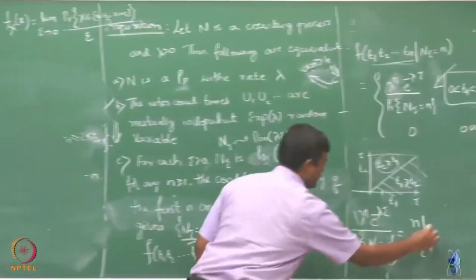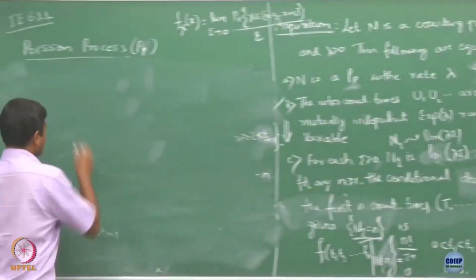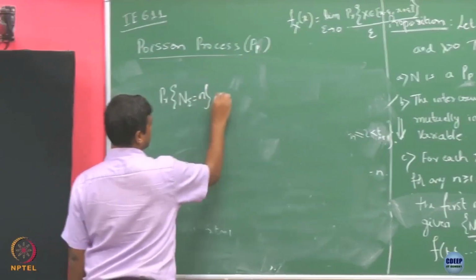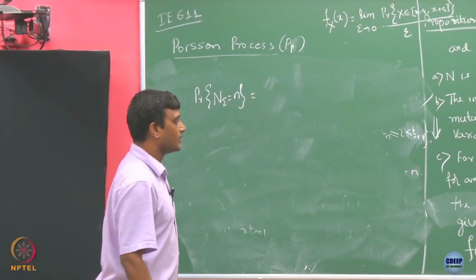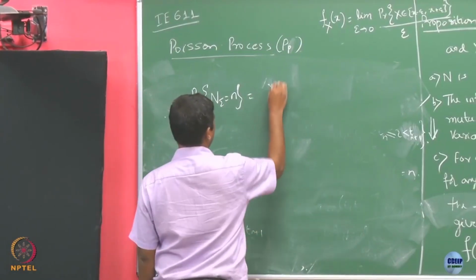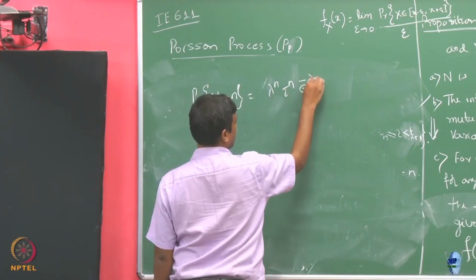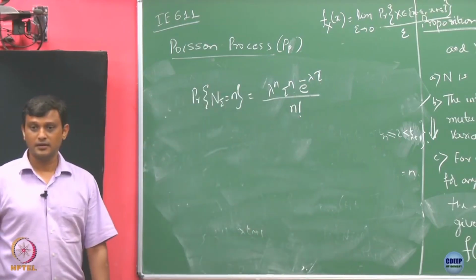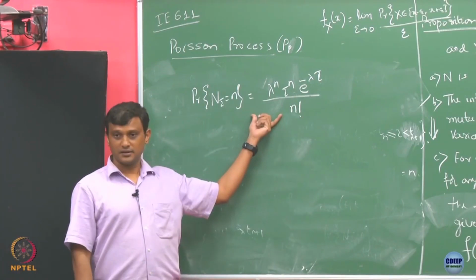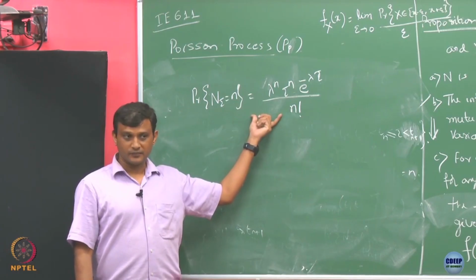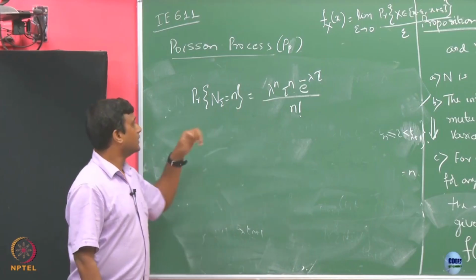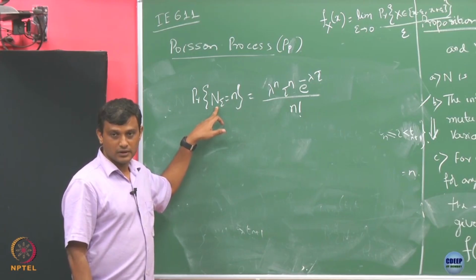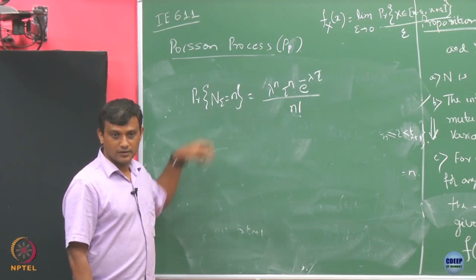Whatever relation I have, if I go ahead and manipulate it, I am going to get the probability that N(tau) equals n is equal to what? Lambda tau to the power n, e to the power minus lambda tau, divided by n factorial. So what is this random variable then, N(tau)?